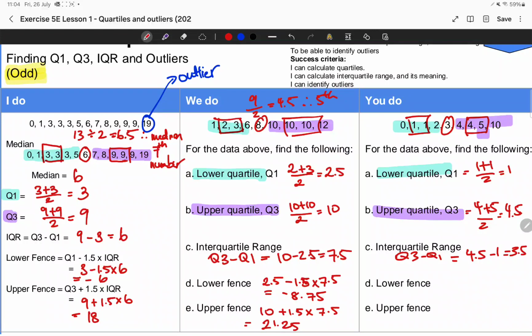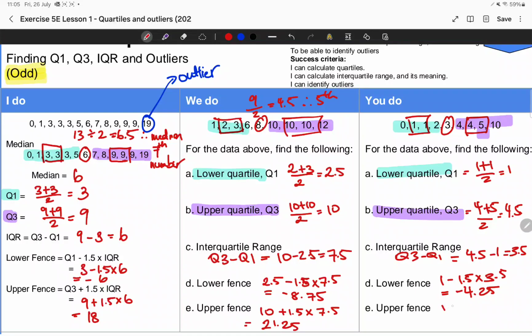And then lastly, we have the lower fence. Lower fence is 1 minus 1.5 times your interquartile range. So right here, 3.5. So if we put that into the calculator, 1 minus 1.5 times 3.5, it'll be negative 4.25.